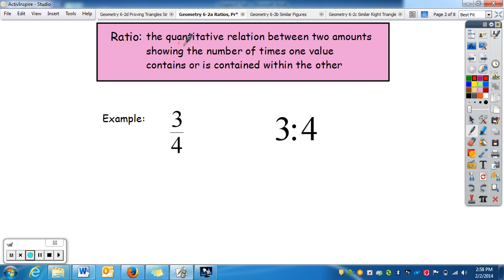So a ratio is a quantitative relation, which just deals with numbers, between two amounts showing the number of times one value contains or is contained within another. So for example, if I have 3/4, I can put an x by each of these, where x can represent any number.